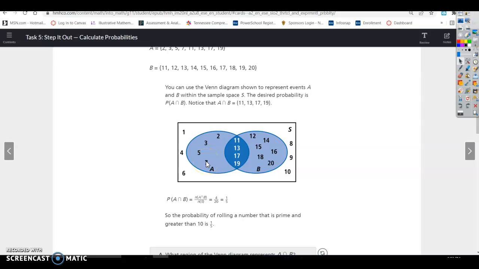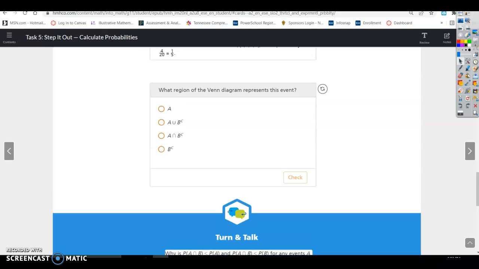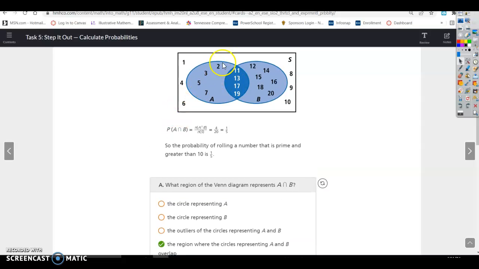So it would be A minus B, or A intersection B complement. Okay, so the intersection means that's representing this part here. So this part is not here, but intersection means it has to be here and here.